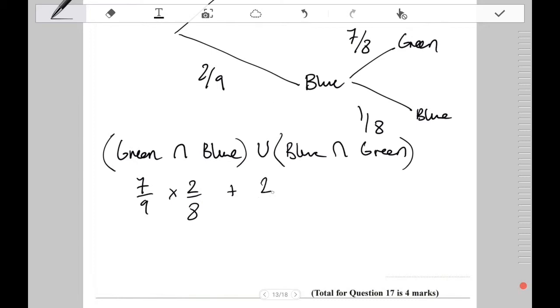So that's 2 over 9 multiplied by 1 over 8. And now we just literally need to simplify this. So 7 times 2 is 14, and 9 times 8 is 72, plus 2 over 72.